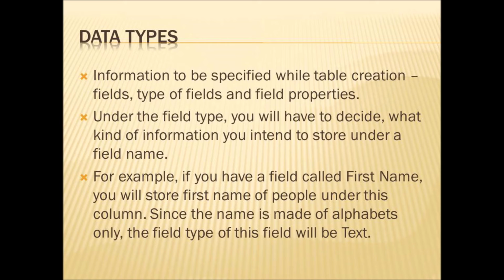Under the field type, you have to decide the kind of information to be stored under a field name. For example, if you want a field name called first name which stores the name of people, since the name is made up of alphabets only, you will give the data type of this field as text.